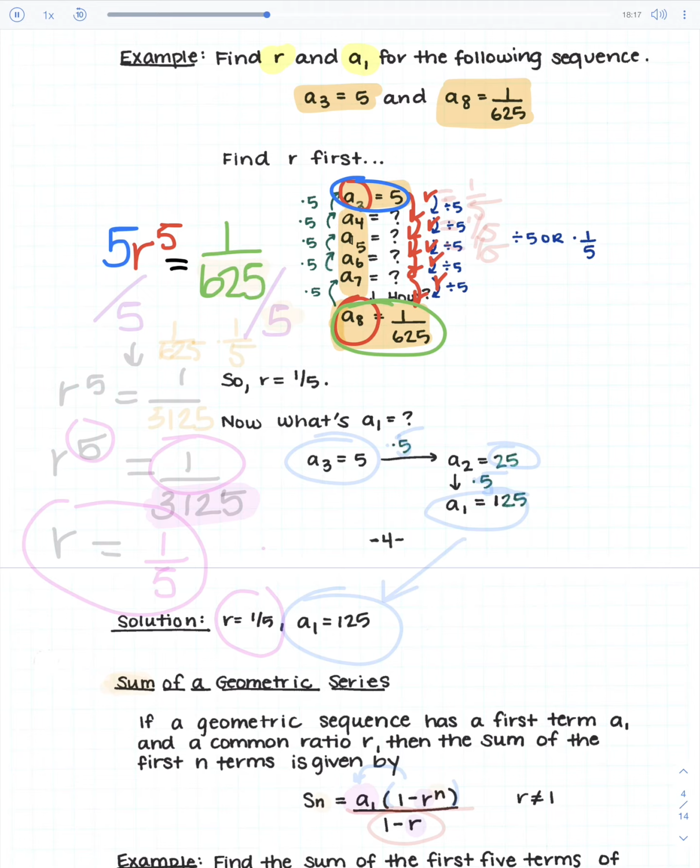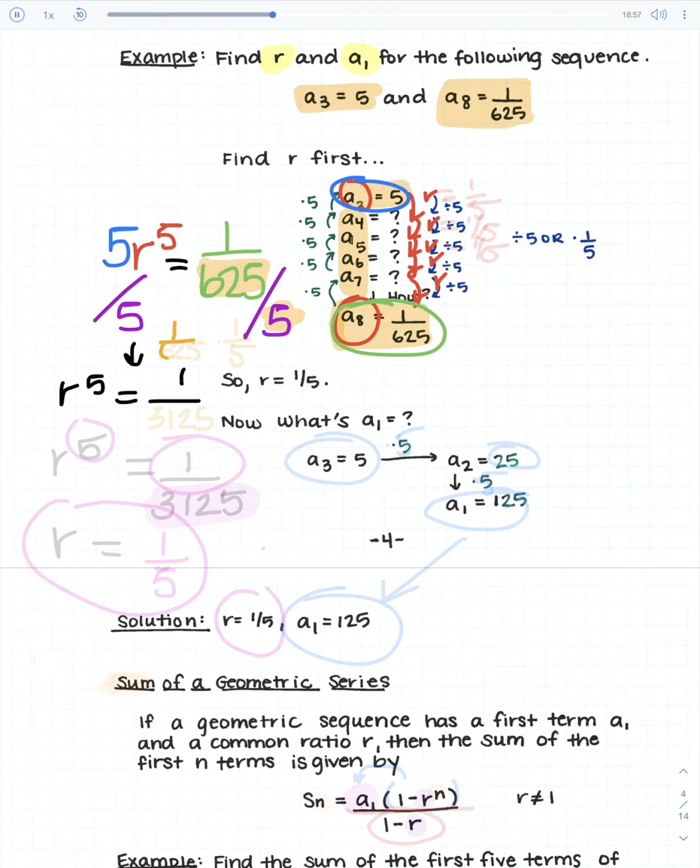Well, if you were to solve this like a normal equation, the first thing you do is say, I need to divide both sides by 5. Dividing a fraction by 5 is going to make it even smaller, so this would give you r to the 5th equals 1 over... So what that will do is divide by another 5, which means the 625 and the other 5 will both be on the bottom, because remember, dividing by something is the same thing as multiplying by its reciprocal.